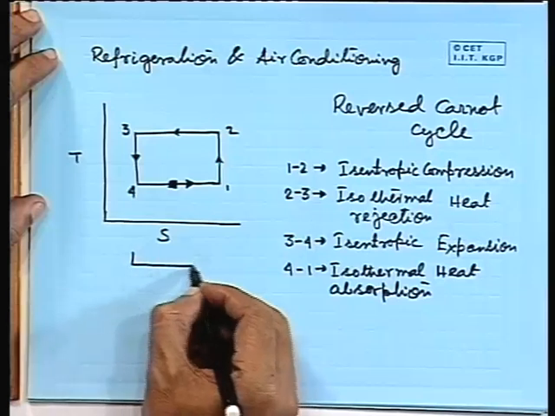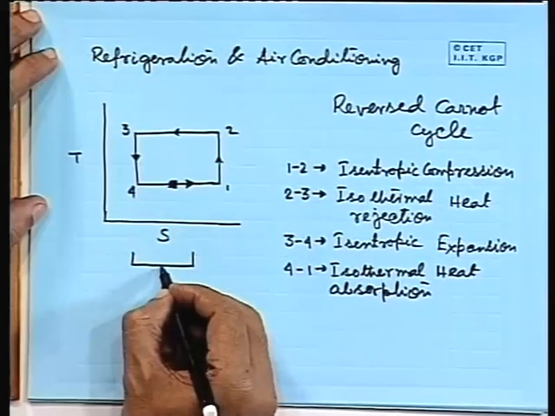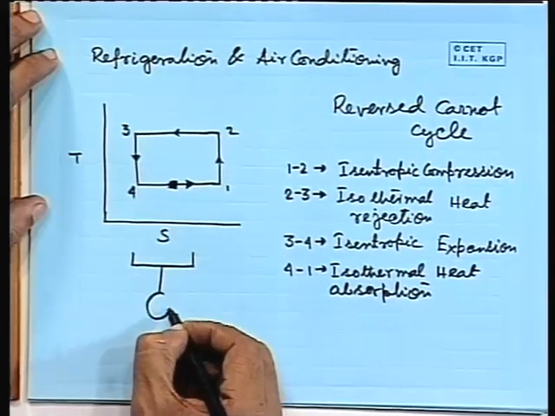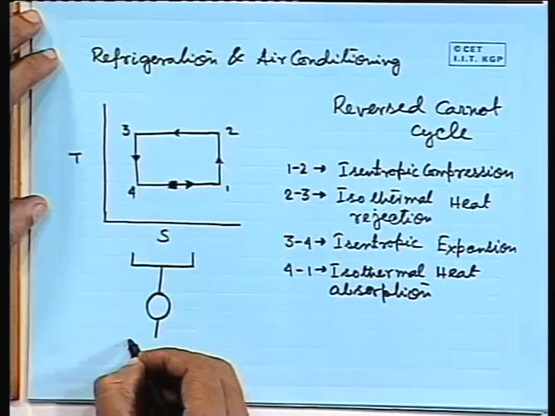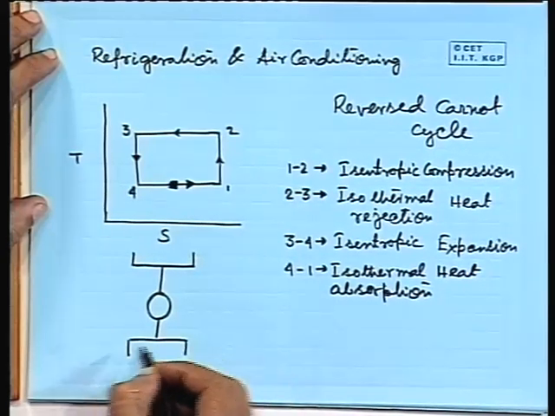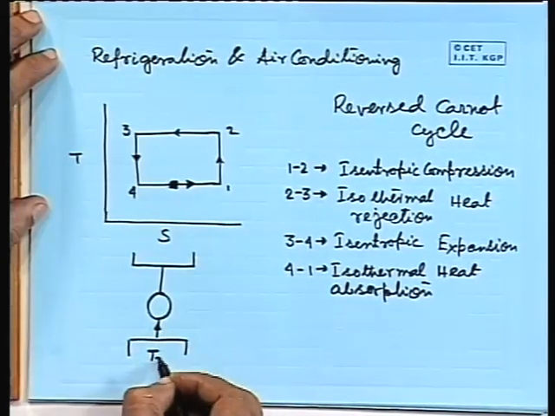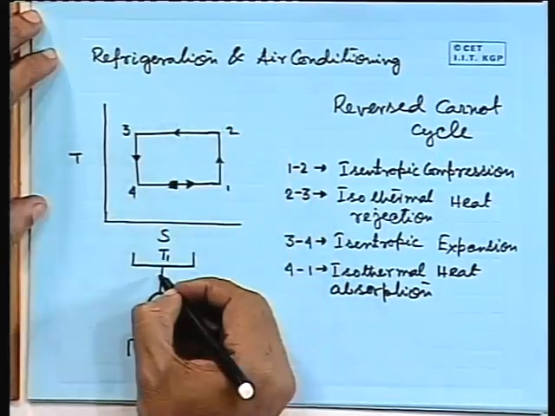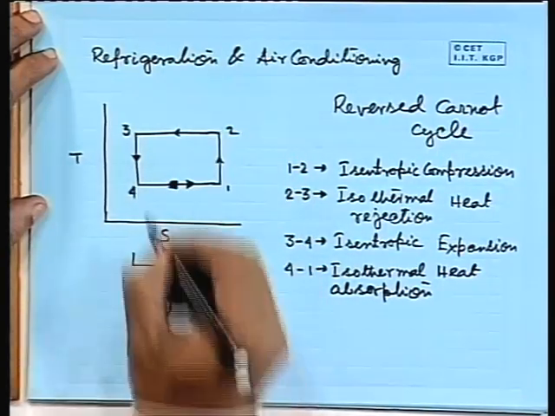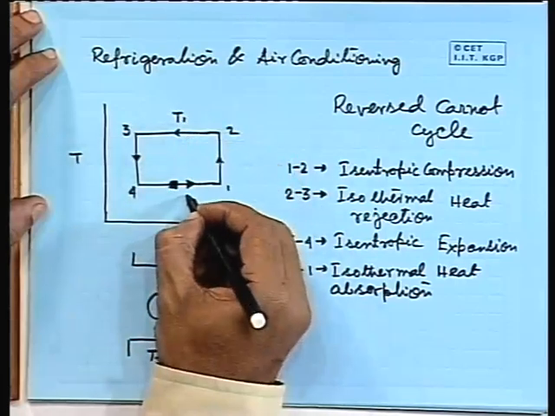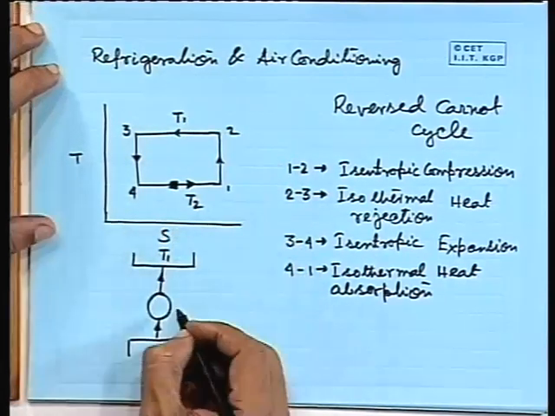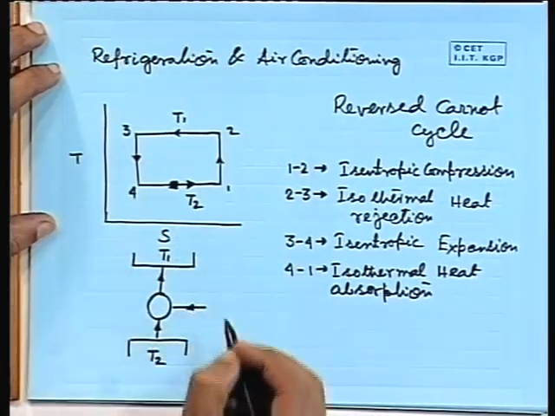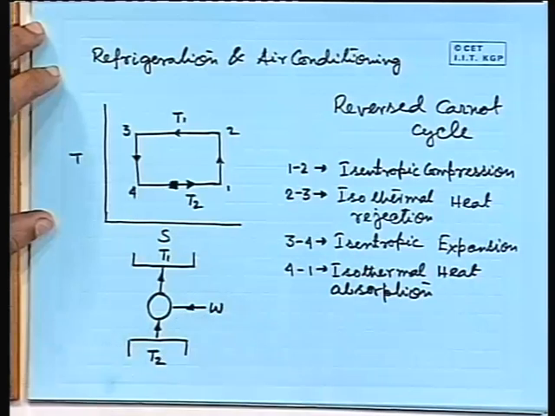Now, I can diagrammatically represent it like this. Basically, it is T2, this is T1. So, let me write it, this is T1, this is T2, and we need some work to run this.